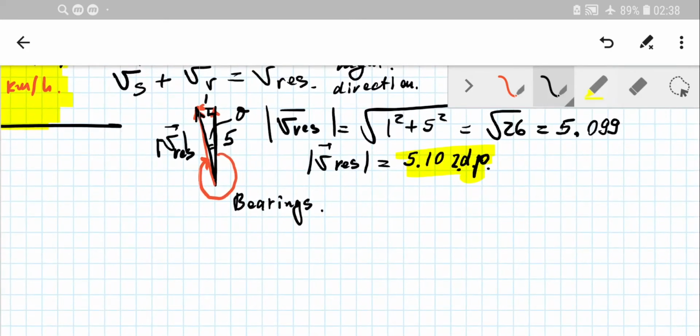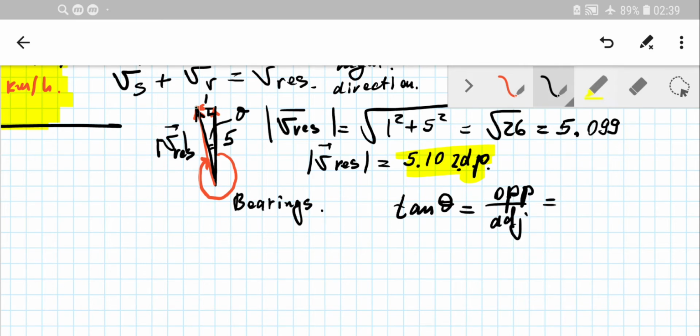So what we can do, just remember trigonometry. Angle theta can be determined through the ratio for tangent, because we've got two legs, 1 and 5, so we can arrange the ratio for tangent. So tangent theta, by definition, is the opposite side to the adjacent.